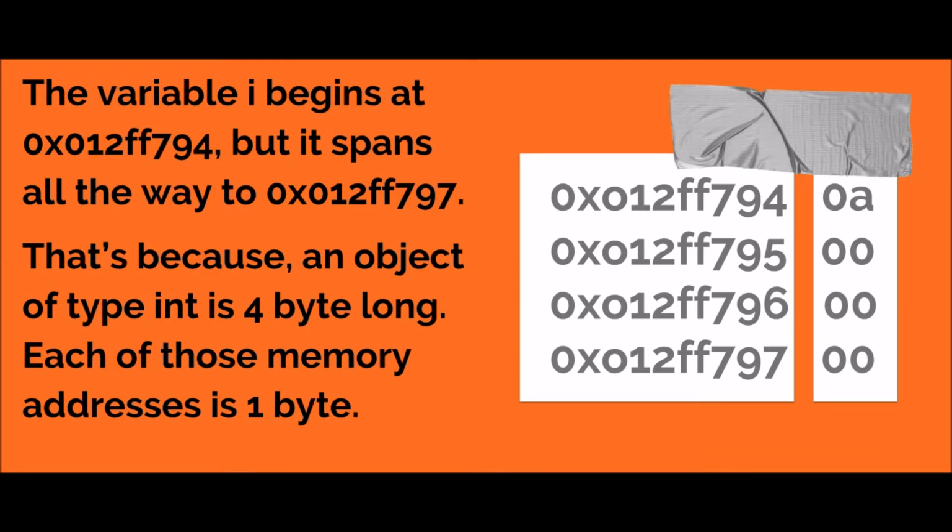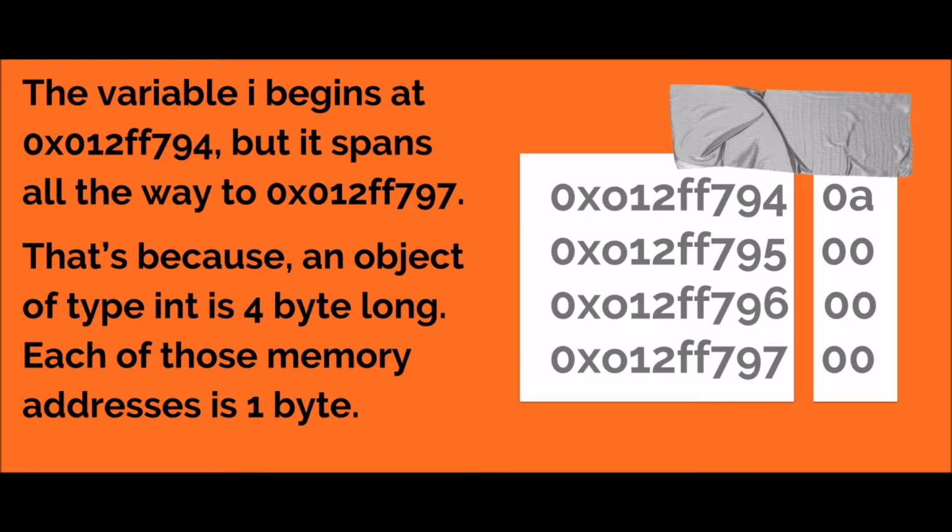Now there is one thing that's worth mentioning about this. The variable I begins at the address 012FF794. But really, it spans all the way to 012FF797. The reason why is because I is an object of type int, and an object of type int is 4 bytes long. And each of these memory addresses is 1 byte.